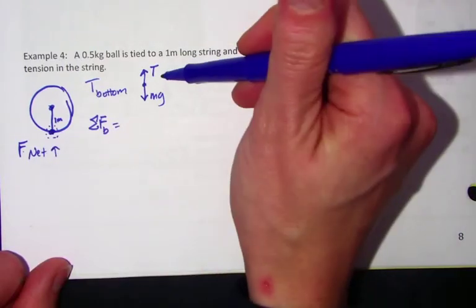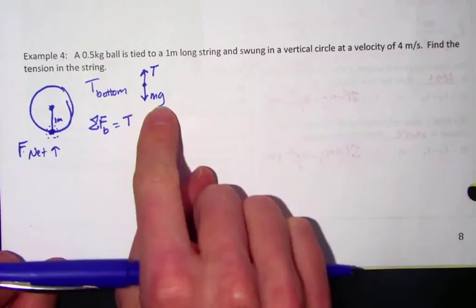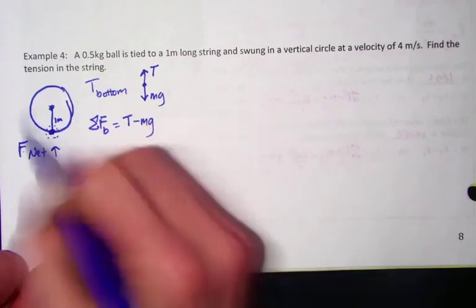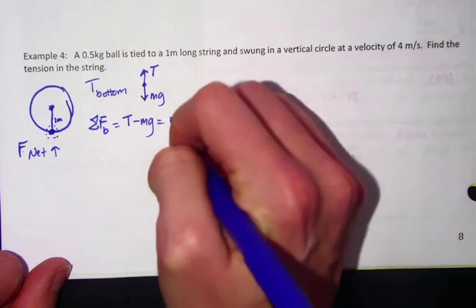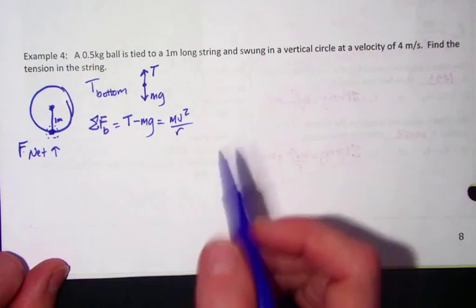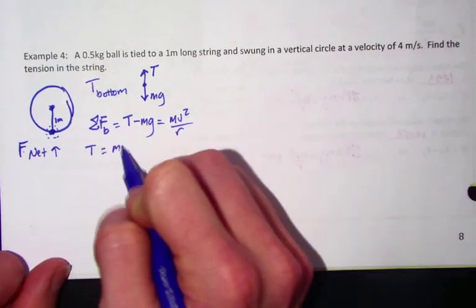Well, if that's the case, then my tension is a positive force, and the weight force is a negative force. And because this is centripetal acceleration, I know that it's going to be mv squared over r. So then all we have to do to solve for T is add these together.